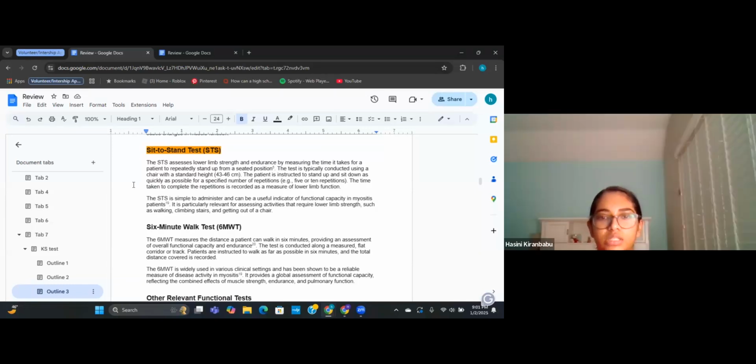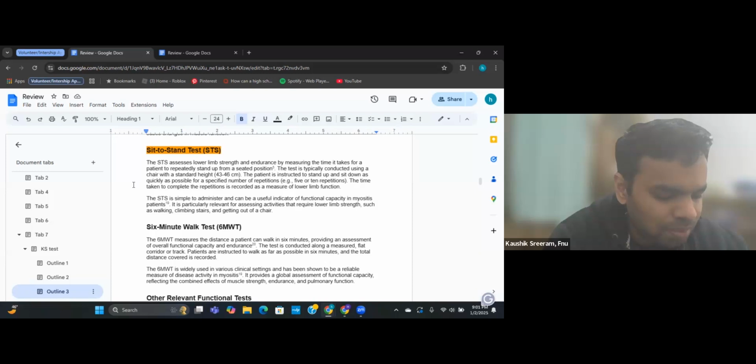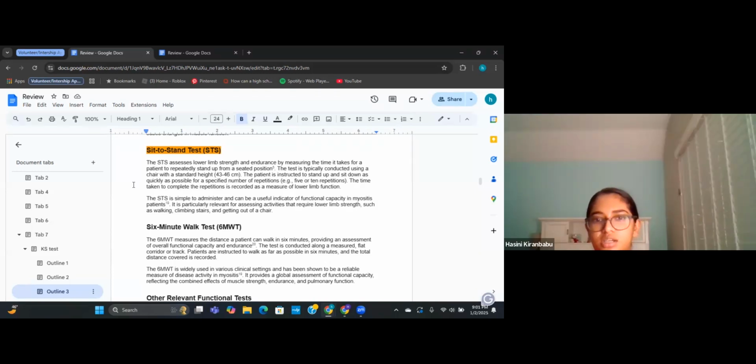The only part that mentions myositis says it's a useful indicator of functional capacity in myositis patients, but why? It's not saying what about this test is a useful indicator of functional capacity. It says it assesses lower limb strength, but what about the strength? Can it show the progression of myositis?